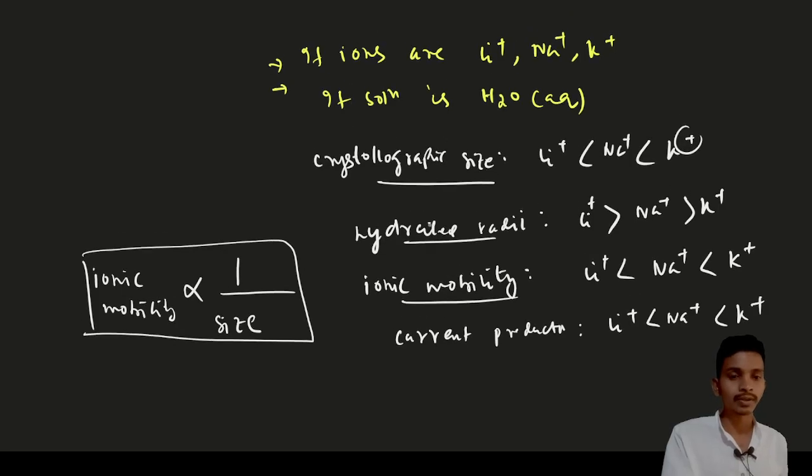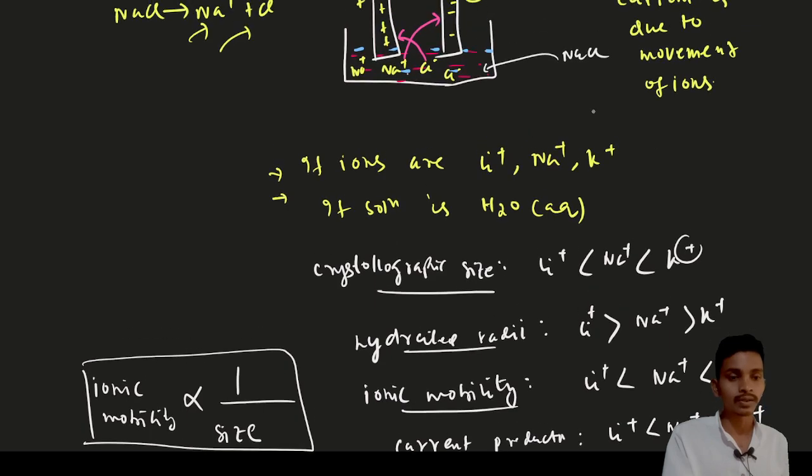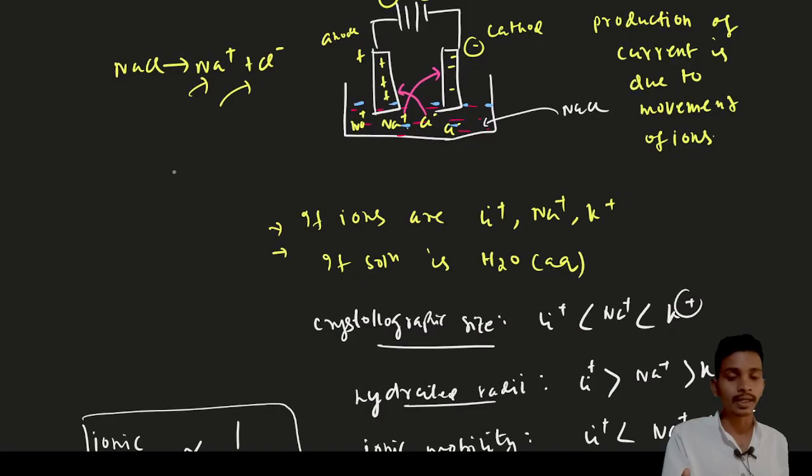Now, why am I discussing these things? Because we are now discussing the transport number. Due to the movement of ions, current is produced. Here the ions for this solution are Na plus and Cl minus. If anybody asks what is the current produced due to Na plus ions, or what is the current produced due to Cl minus ions, that amount of current produced is called the transport number.